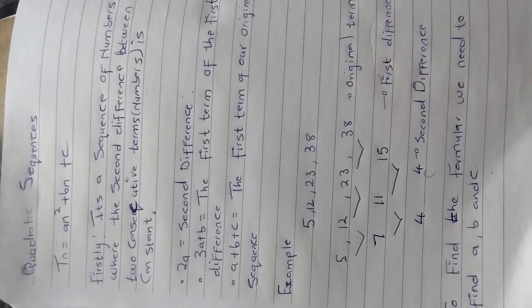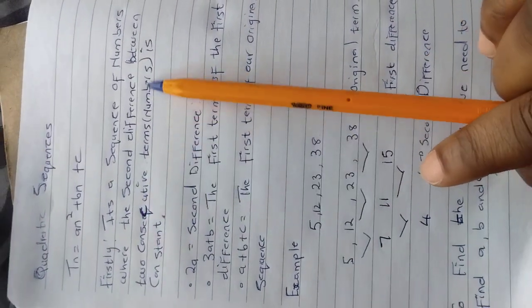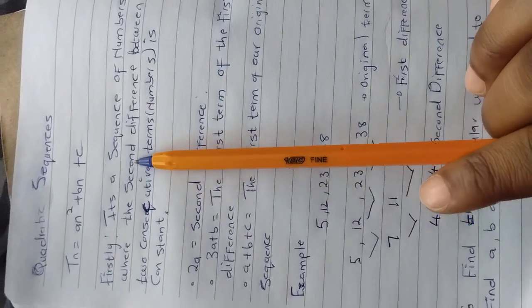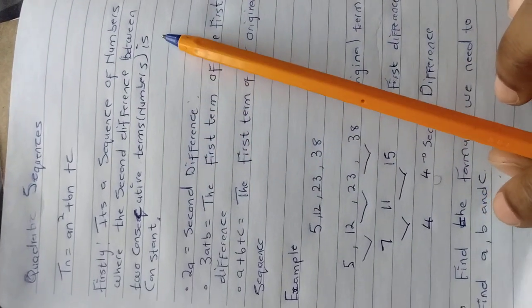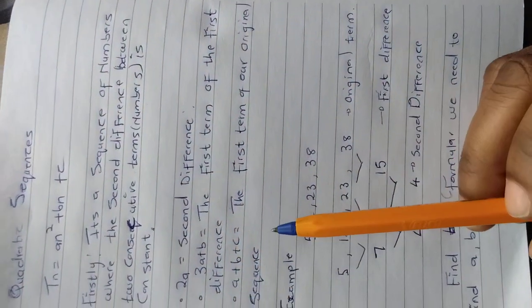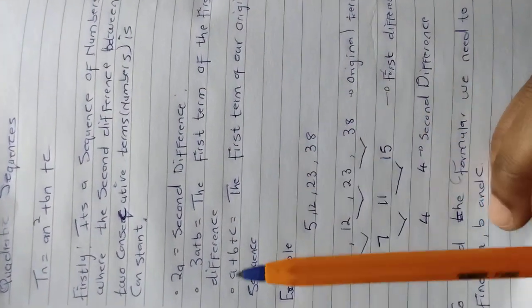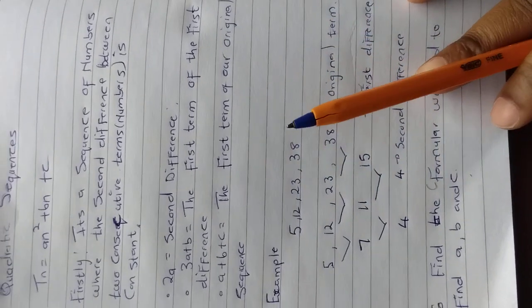So what you guys must know is that when it comes to a quadratic sequence, the second difference between two consecutive terms or numbers is constant, meaning it's equal. I'll emphasize that as we go down here.